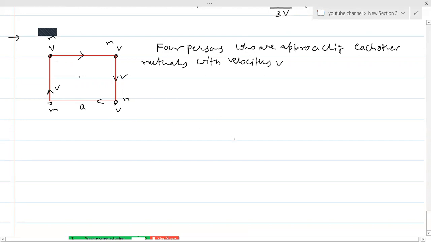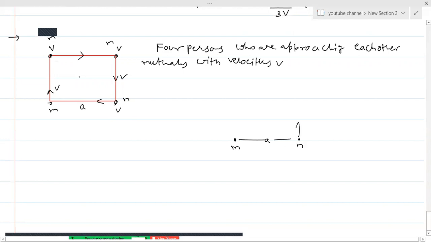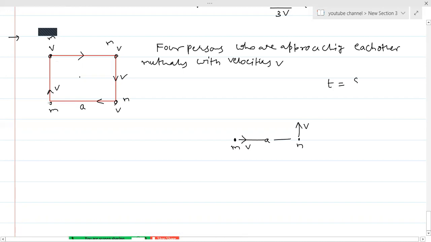In that case, we will think of only 2 persons. Let us say this is small m and this is small m. They have a separation small a. The second one is moving upwards, and the first one is moving rightwards with the velocity v. The time is again relative separation by relative velocity.